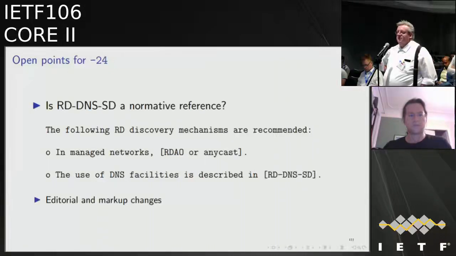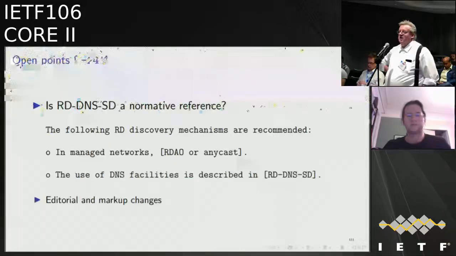But we need to find a way to describe this in such a way that it does not become a normative reference. And one way is to say that there are other ways to do discovery, such as, and then we do the informative reference to the draft. And these also should be considered when finding a resource directory.